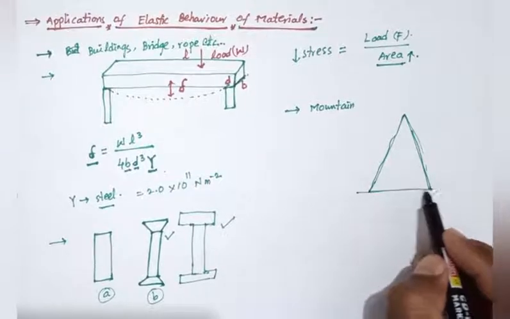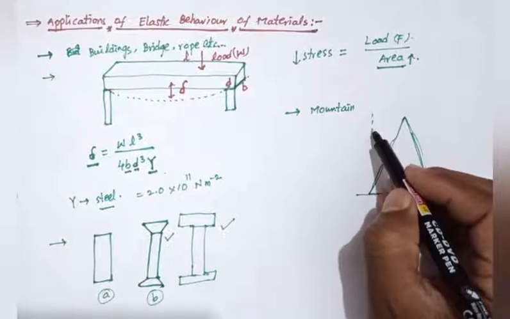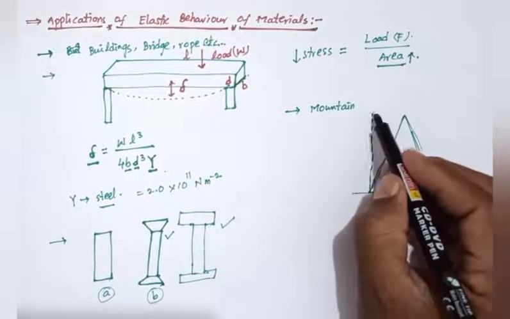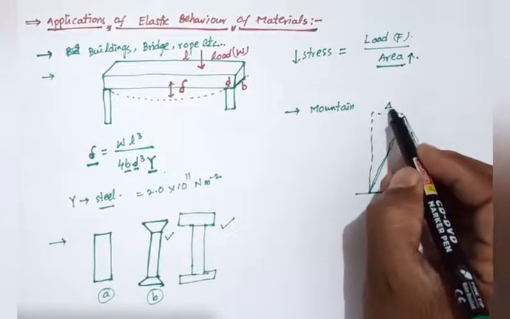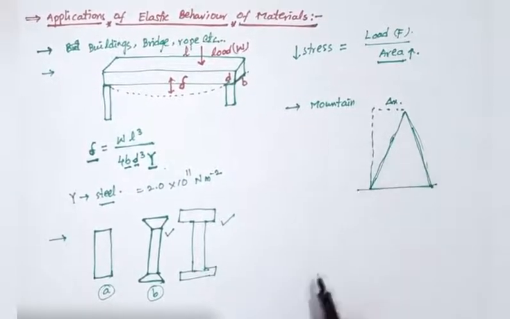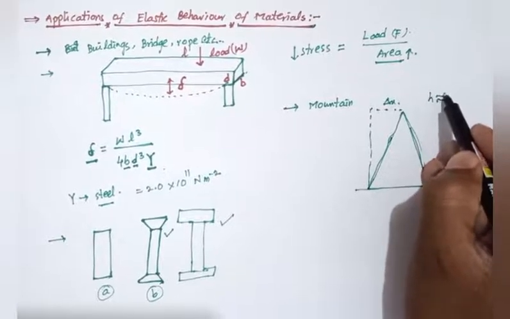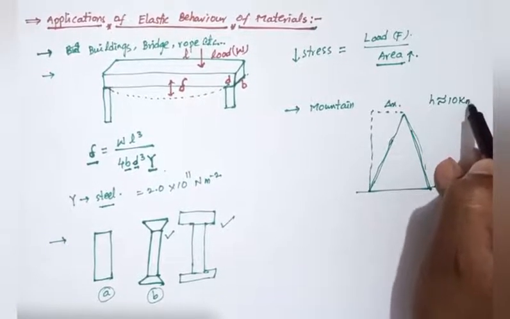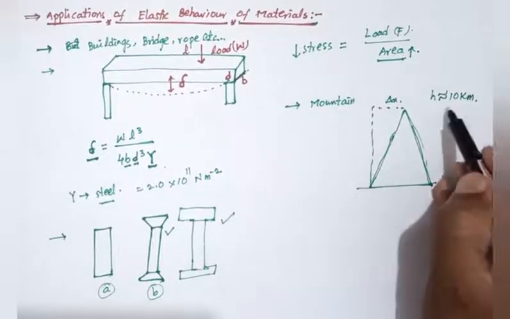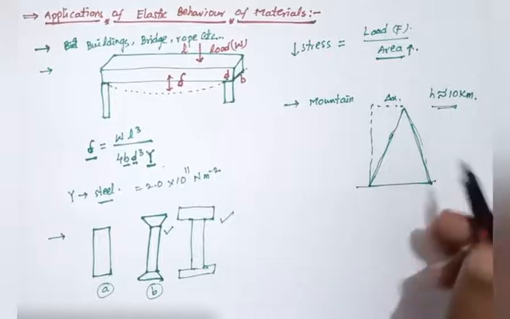It is like shearing, with some shearing displacement delta x. So what is the height? The height is approximately 10 kilometers.